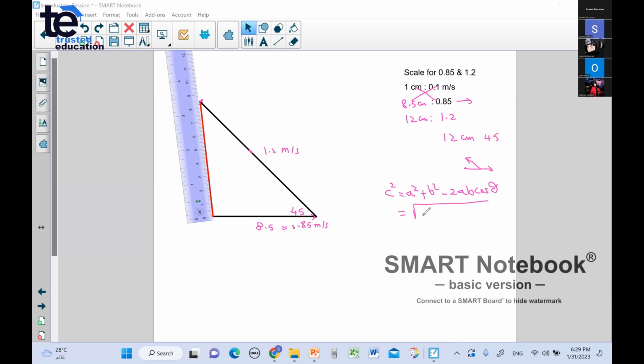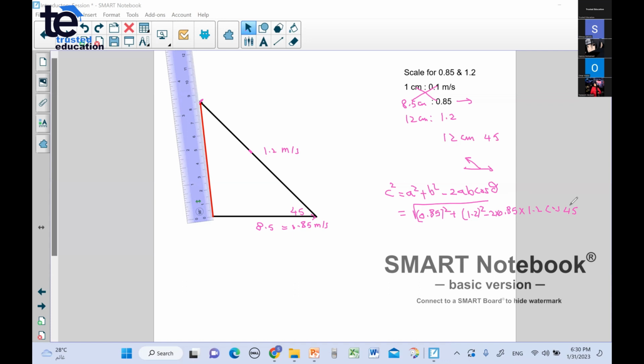So I will be squaring, and you continue: times the first vector, times the second vector. You can use your calculator and cosine the angle between them, which is 45.